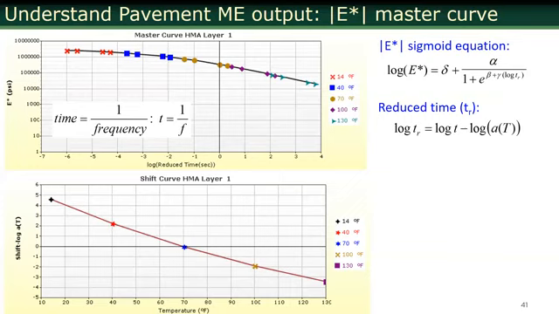So in the dynamic modulus master curve, if this is E star, this is the frequency, that is reduced frequency. This is the reduced time. We're talking about the log of the reduced time, log of fr. The shape looks like this.